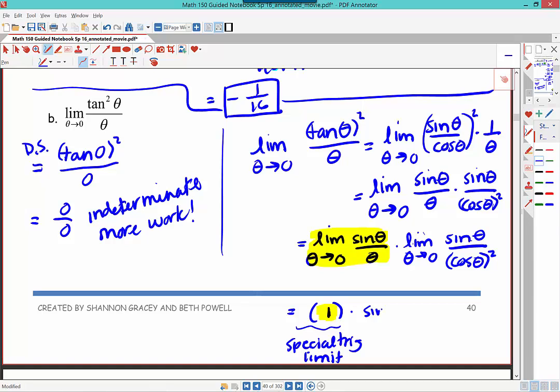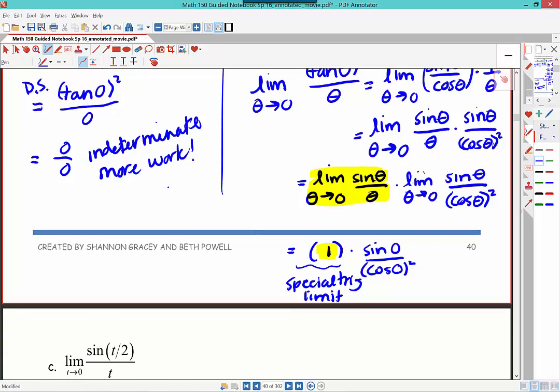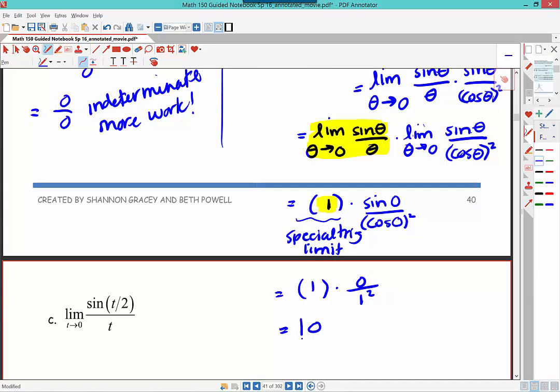So we'll have sine at 0 over cosine at 0, the quantity squared, which will give us good 0 over 1, which is 0. So we would end up with 1 from that first special trig limit times 0 over 1 squared, which is 0. So this guy was found by direct sub.